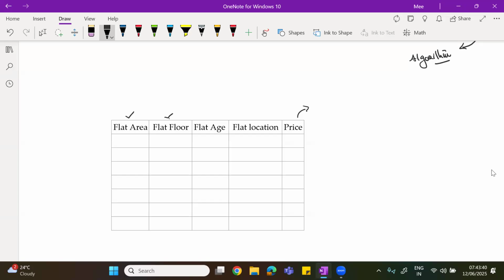If you go to the 10th, 12th or 15th floor, the price will be slightly reduced. And age, yes, the older the flat, definitely the price will be less. Now flat location. Obviously, if the flat is in some prime commercial location, it will have a lot more demand than in a normal residential area, right? So these all are affecting our price.